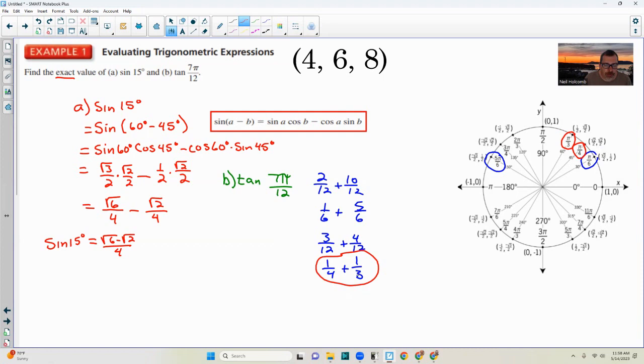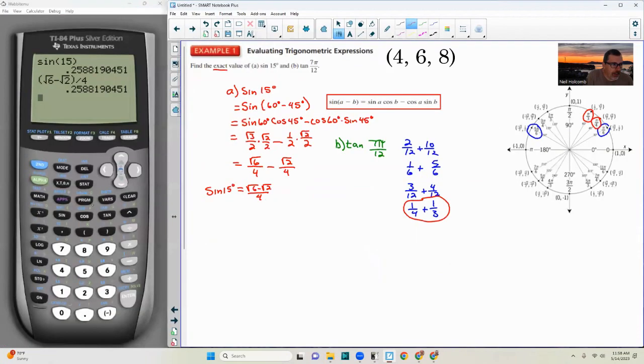pi over 3. Okay, and just to clarify that for you, if I check in my calculator, pi divided by 4 plus pi divided by 3 comes out to be 1.83.